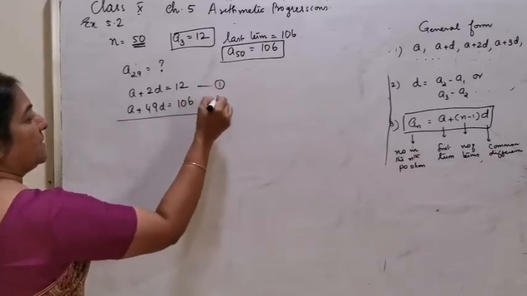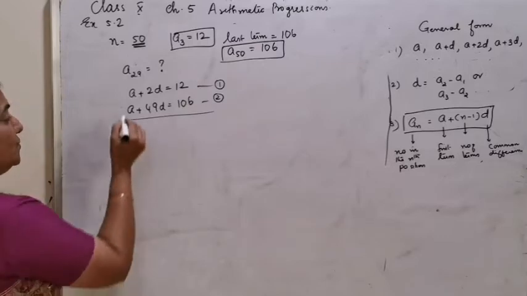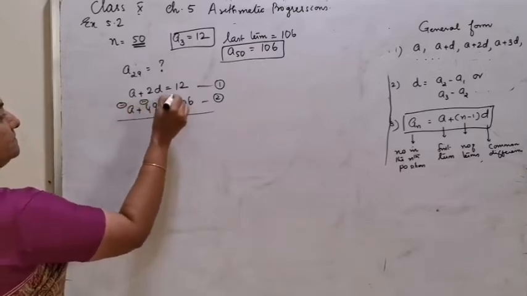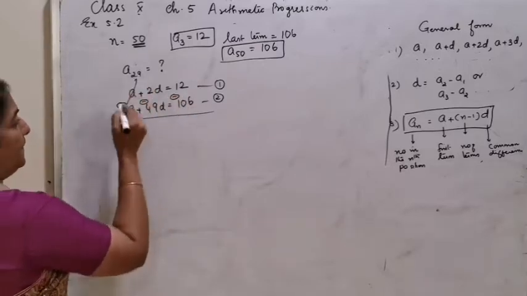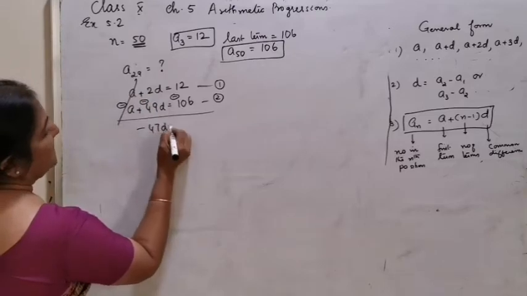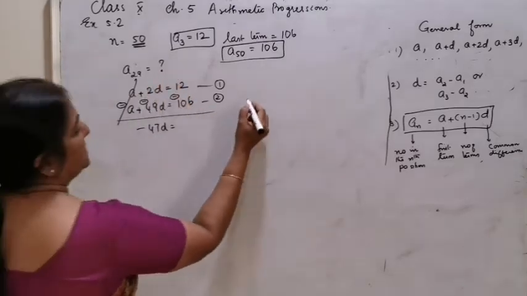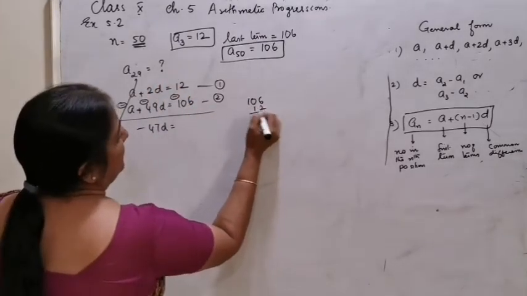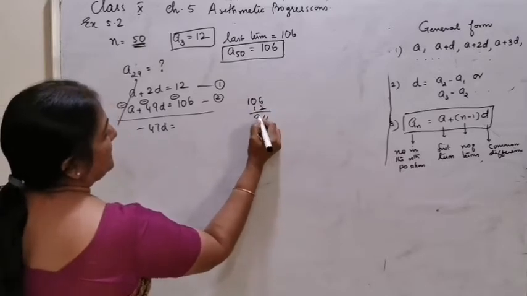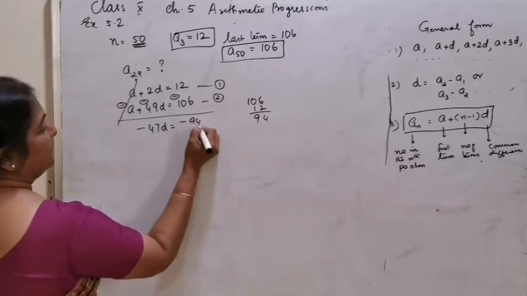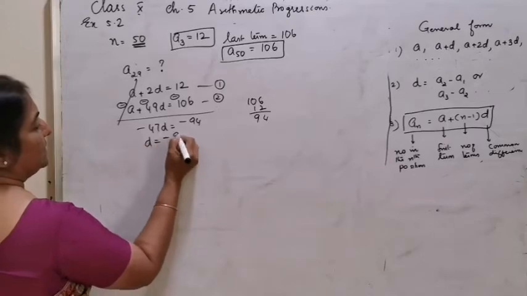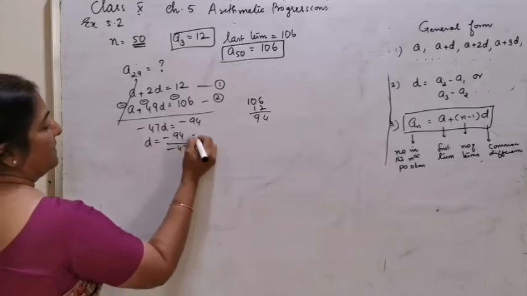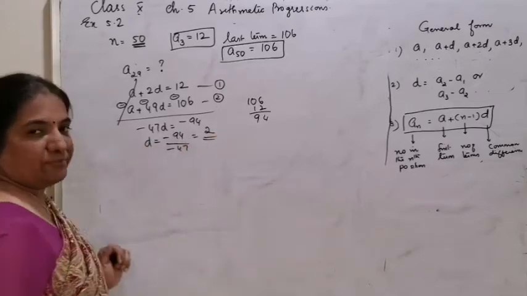Equation number 1, equation number 2. You will subtract them. Cancel A. Minus 47D is equal to 106 minus 12, which is 94. It is minus 94, so D is equal to minus 94 by minus 47, which is positive 2.